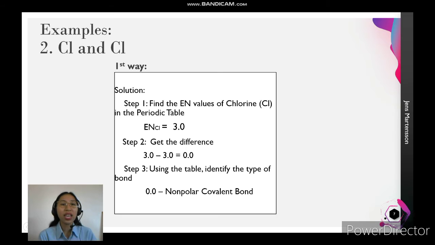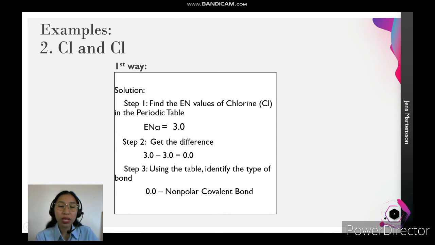So, unsay buhaton? Get the electronegativity difference by subtracting the En value of one Cl atom and the En value of another Cl atom. That is why you have 3.0 minus 3.0.